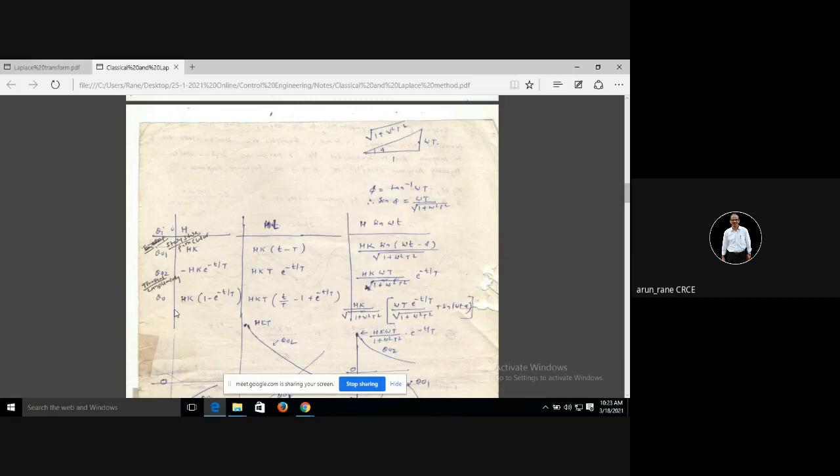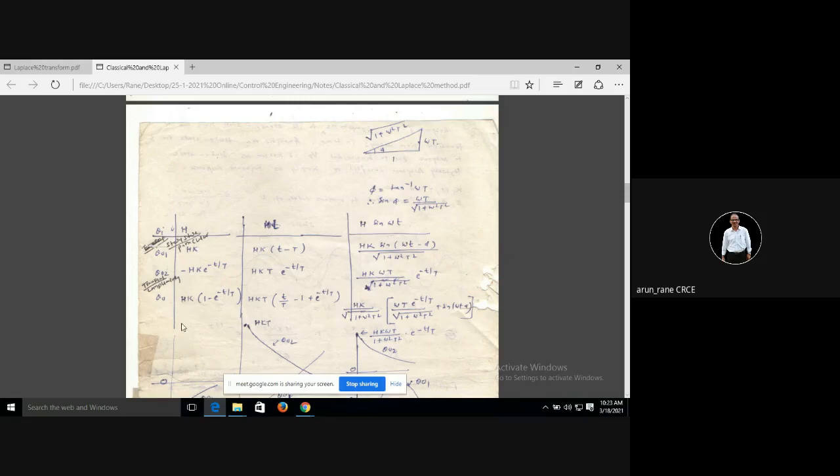Then the transient part or the complementary part is given by this, that is minus hk into e raised to minus t by capital T. And then theta O is nothing but the total solution, that is theta O1 plus theta O2.